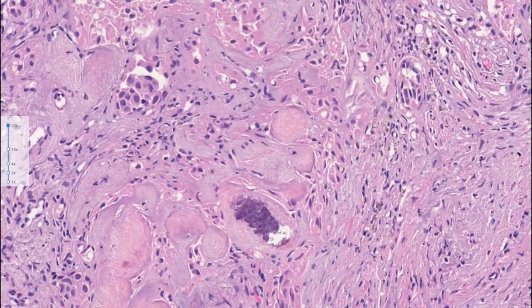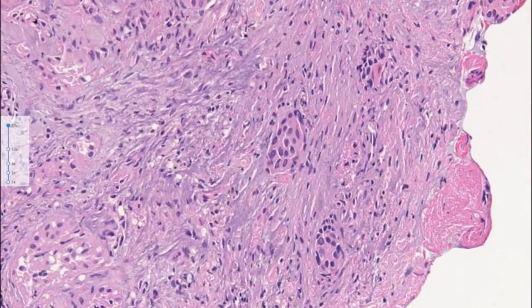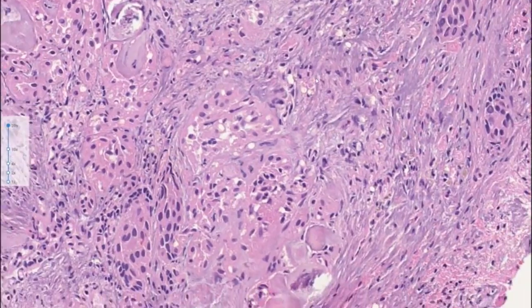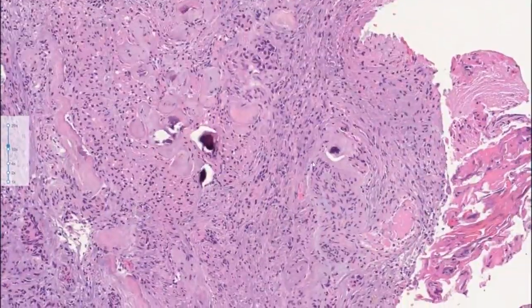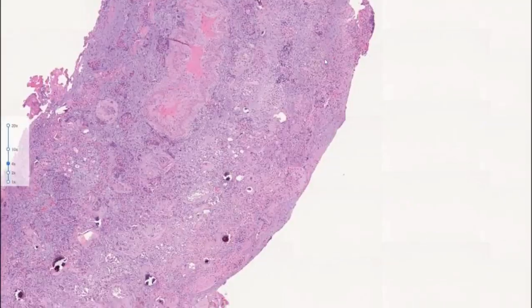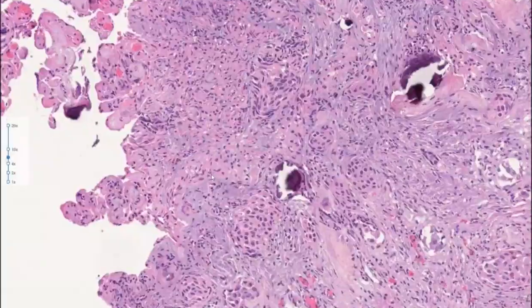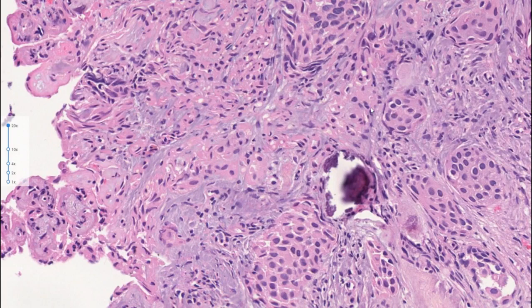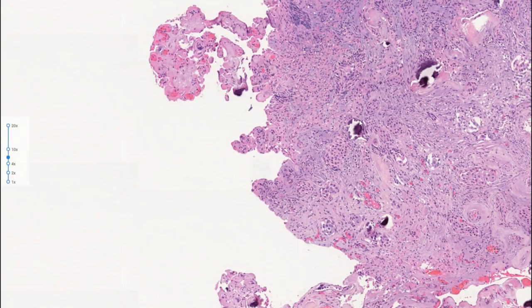More of this here. Or here. We do have some stains, I believe.